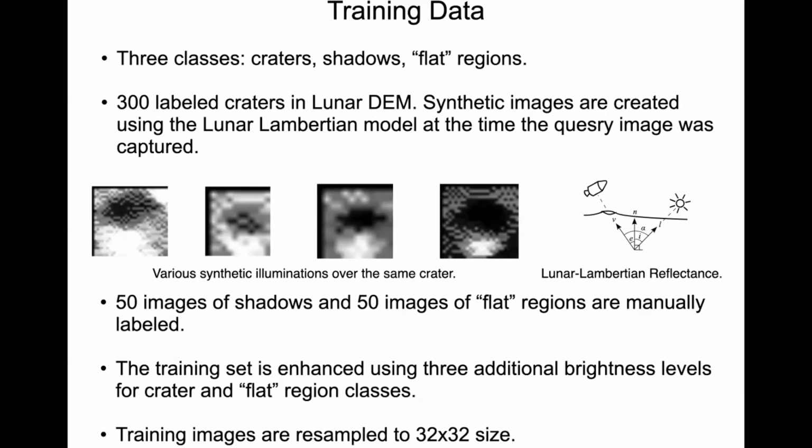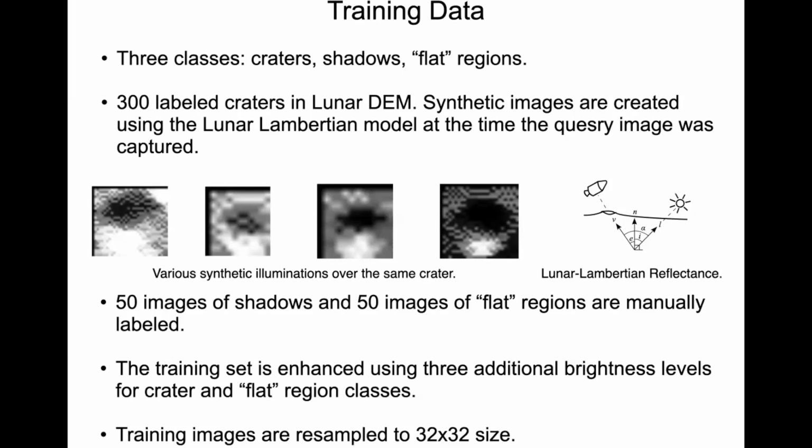We re-illuminate them for any new NAC image that we have, and we train the neural network for those specific illumination conditions and run the detection. This solution allows us to remove the person from the labeling of the craters and have a method that is fully automated for a very large number of images.